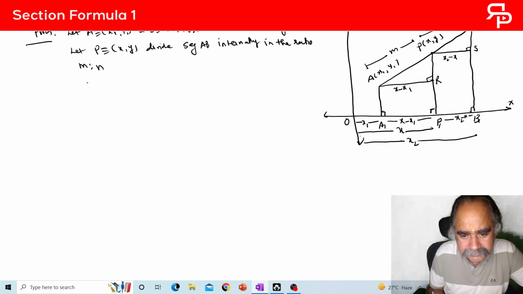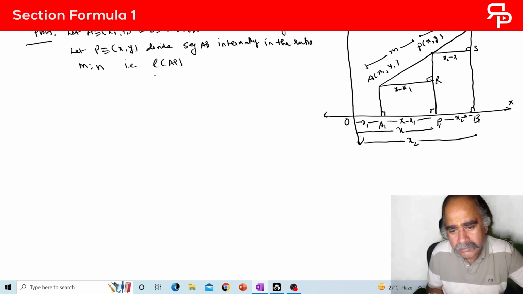That is, length AP upon length PB is m by n. Write this as equation number 1.